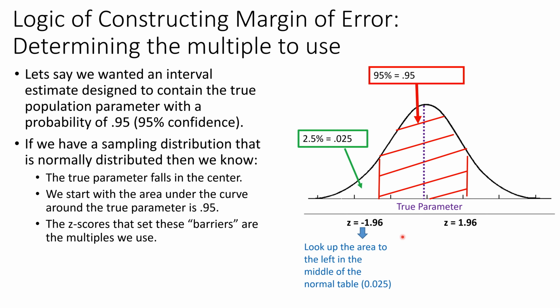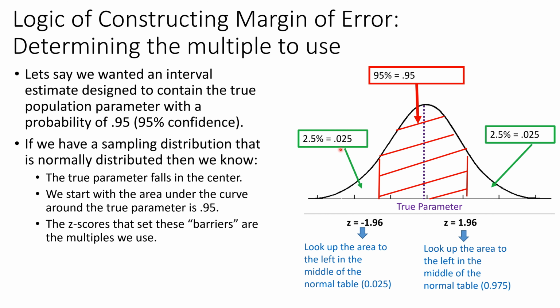So if we check the normal table, you can find with z equals negative 1.96, the area to the left equals 0.025. And so is the right area.